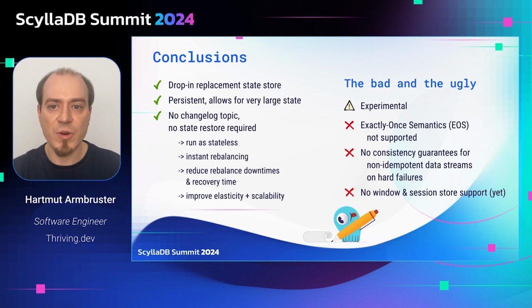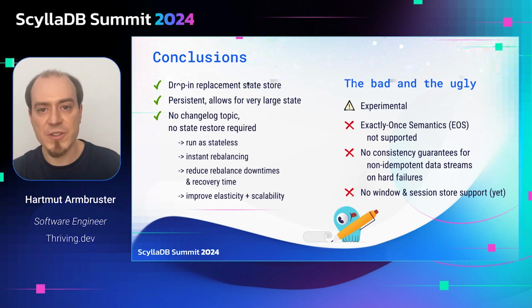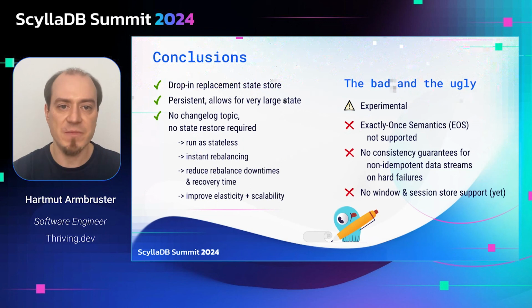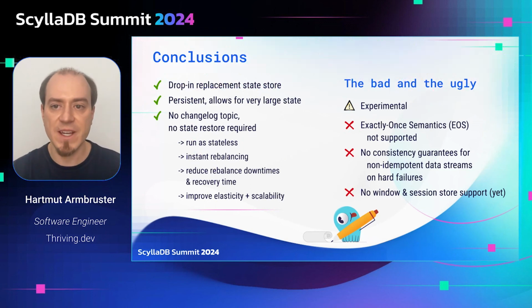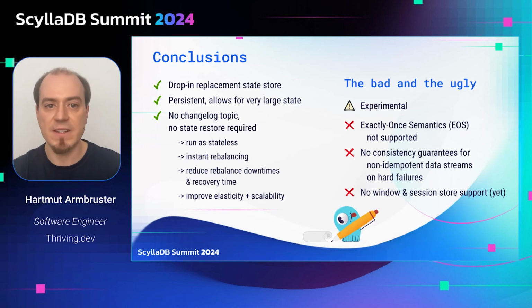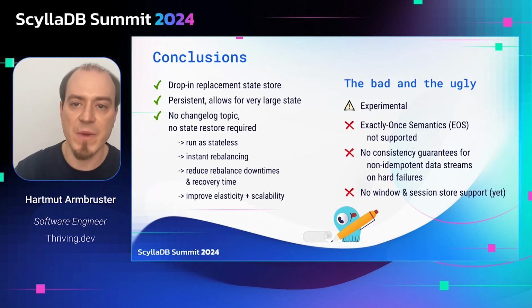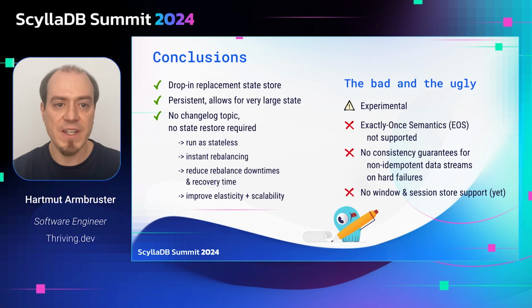Also, exactly once processing semantics through the use of Kafka transactions, which, by adding a third-party system like Cassandra to our tech stack and no support for distributed transactions on either side, Kafka or Cassandra, achieving full data consistency on failures or exactly once processing semantics is very challenging, if not impossible. So there's more work to do. And also, for now, there are no window and session stores supported.